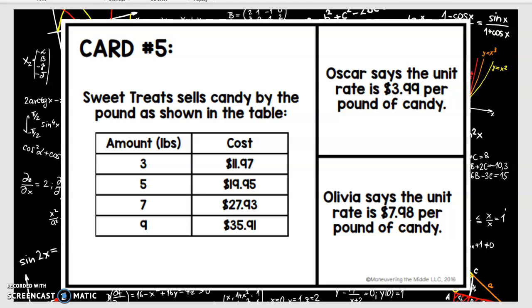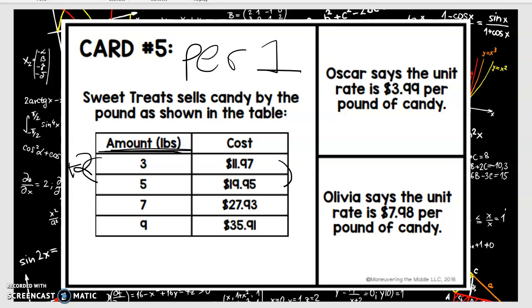All right, on this one, it's asking what is the unit rate. Now, remember, unit rate is per 1. So I want to know how much it costs per 1 pound. So I have to first find my slope. From 3 to 5, it is plus 2.